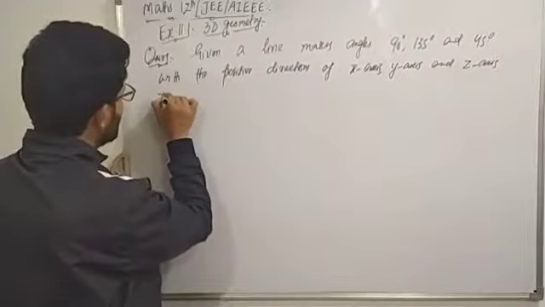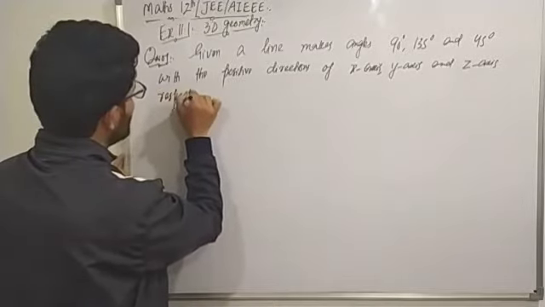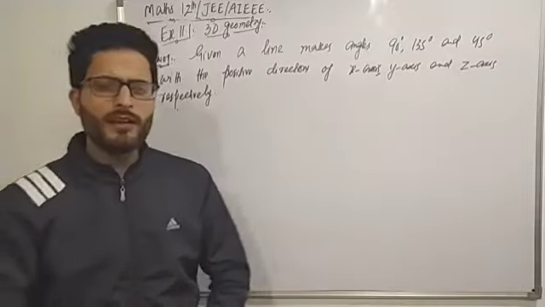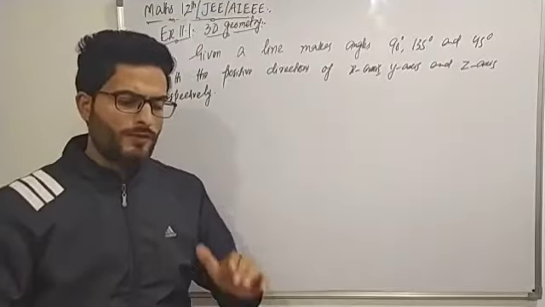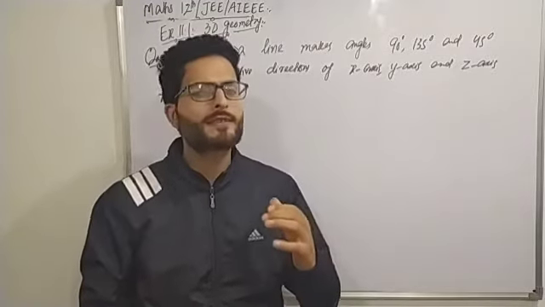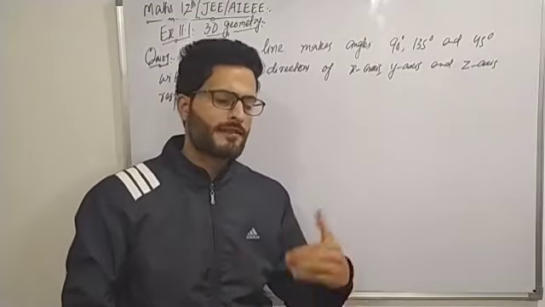So we have a given line, and that given line is making angles 90 degree, 135 degree and 45 degree with the positive directions of x-axis, y-axis and z-axis respectively.